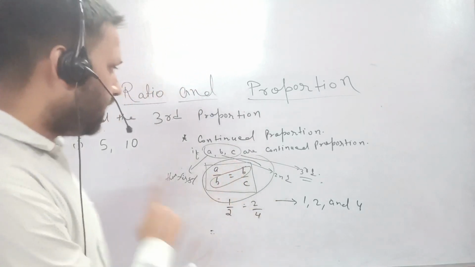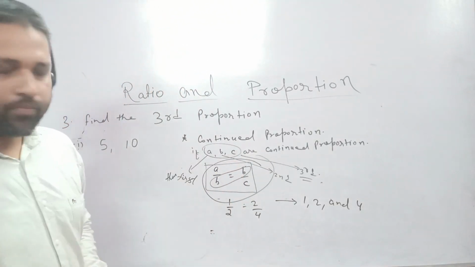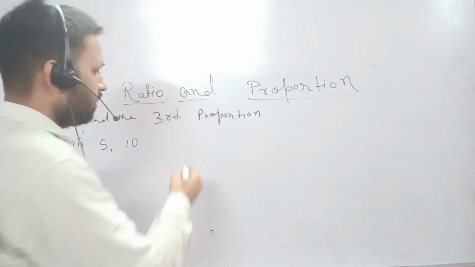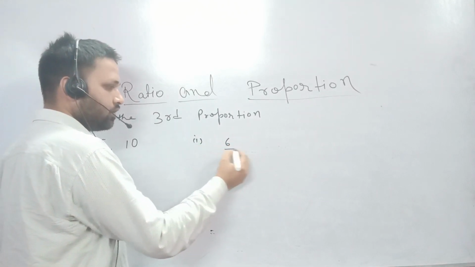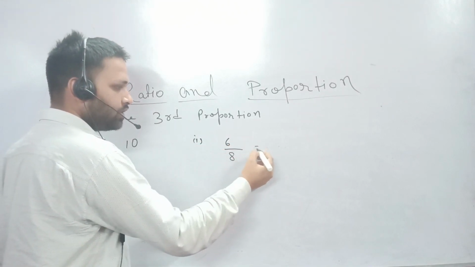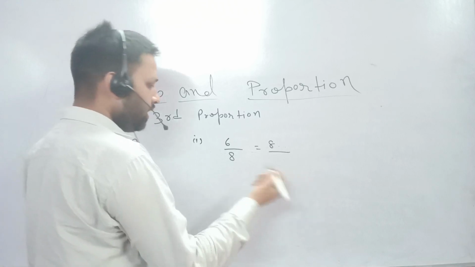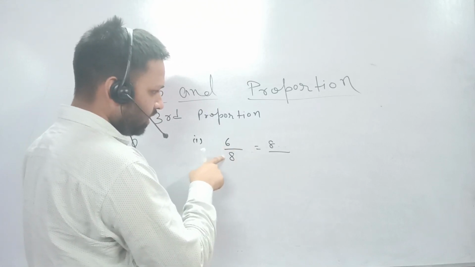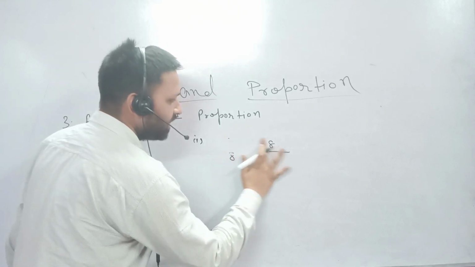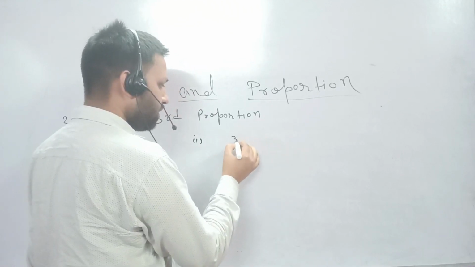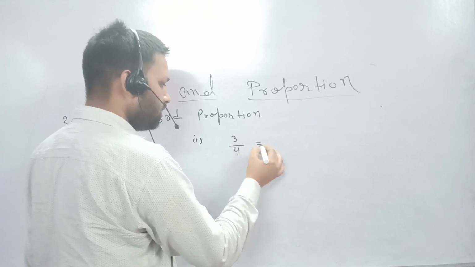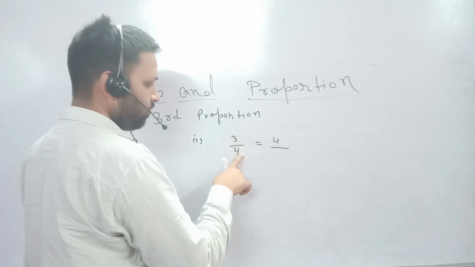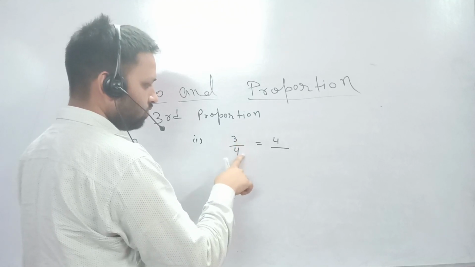Okay, let me take time. Wait, I will explain. Here, if we write 3 by 4 is equal to 4 by, we take a small number, not a big number.